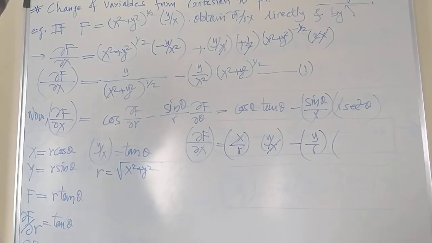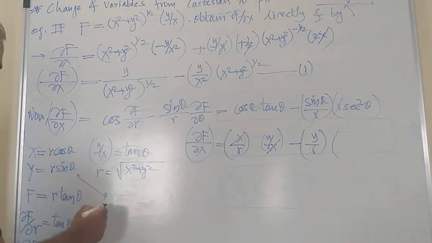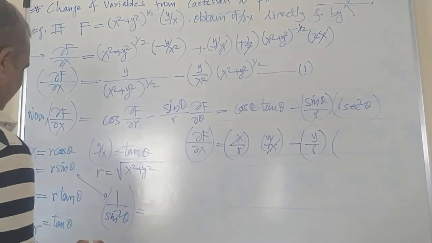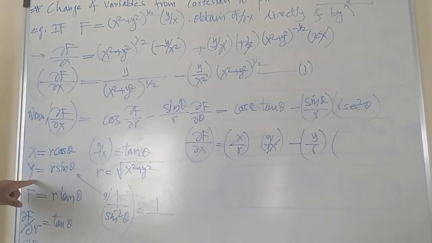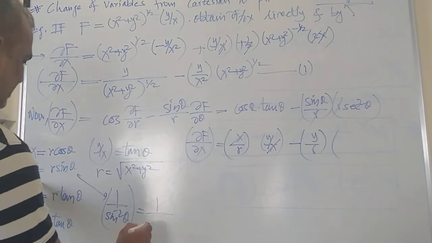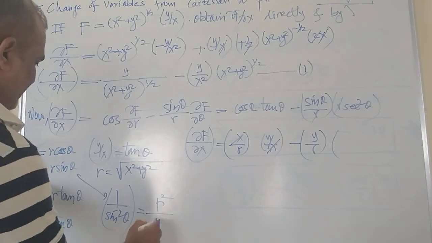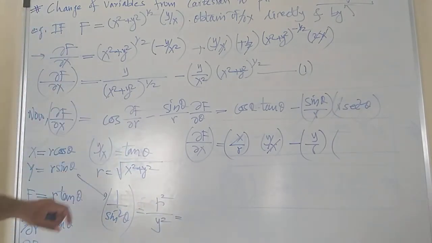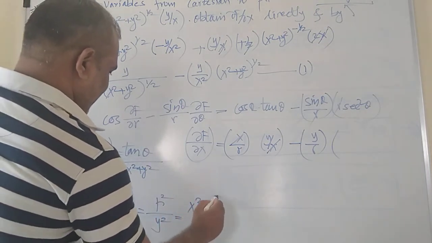So 1 upon sin square theta I can write as 1 upon y by r square, that is y square by r square, no? So what is r square? R square is x square plus y square.